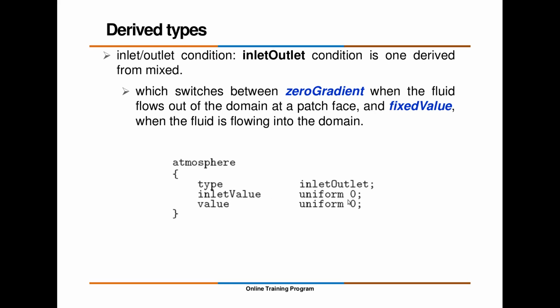If we set 0, then the fixed value equals 0. If we specify a certain fixed value, it allows flow to enter from that reverse-flow location. But when we apply inlet-outlet, you have to understand that by default it is a zero gradient unless some reverse flow is happening from that patch. At that point, whatever value is specified is used.